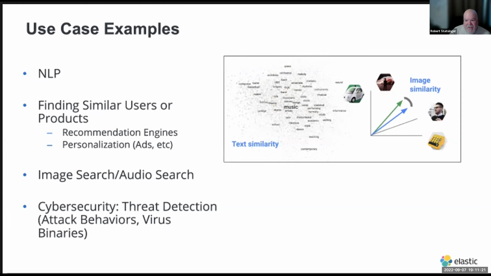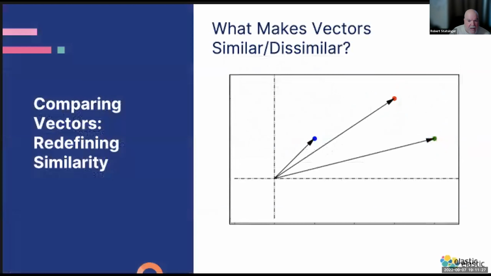Now, in order to use these ideas, we do have to have some well-defined notions of comparing vectors to each other, okay? So in the simple example above, we showed how our query vector was compared to the indexed vectors in our animal data set, and we ranked the results by how similar the indexed vectors were to the query vector. But that's, of course, going to depend on how you are comparing vectors to each other.